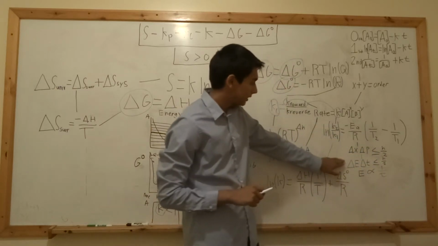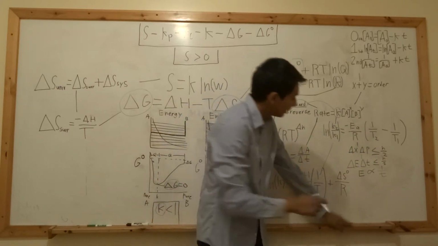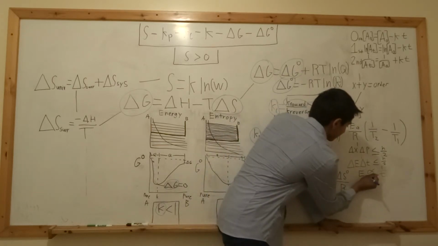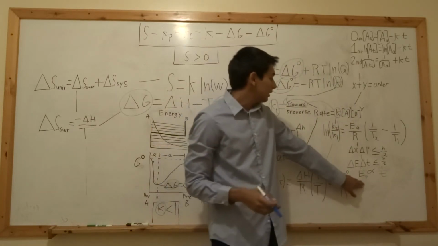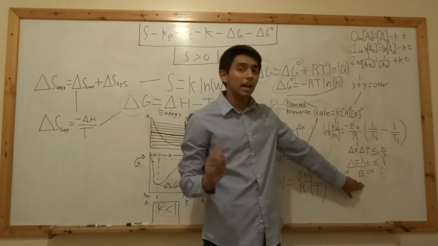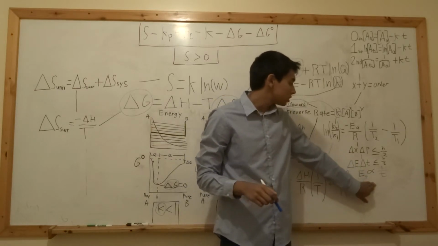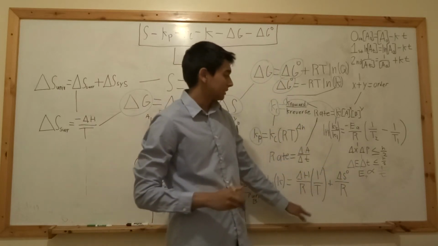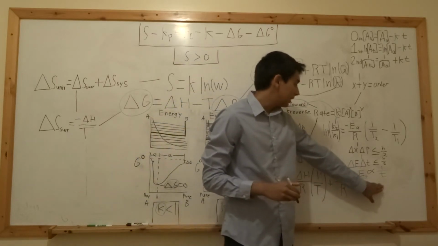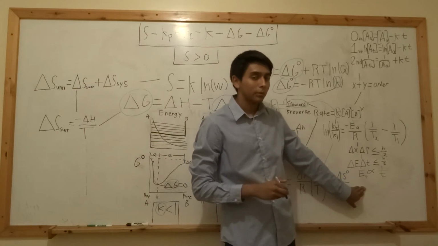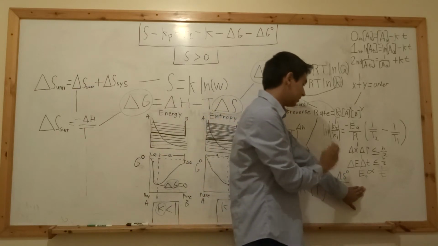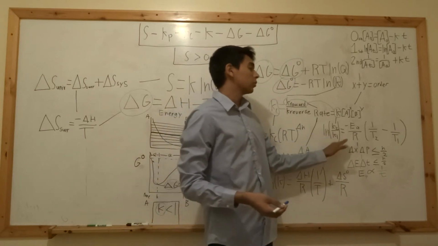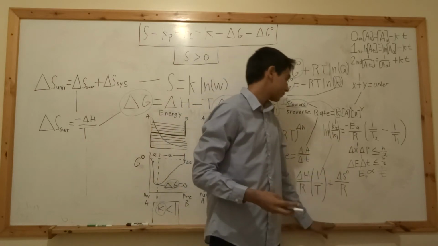And if this is further manipulated, we'll see that ultimately E can be substituted for Ea, so that the activation energy is proportional to 1 over time. So what this tells us is that as we increase time, E tends to 0, otherwise known as Ea, meaning activation energy will tend to 0 as time increases.